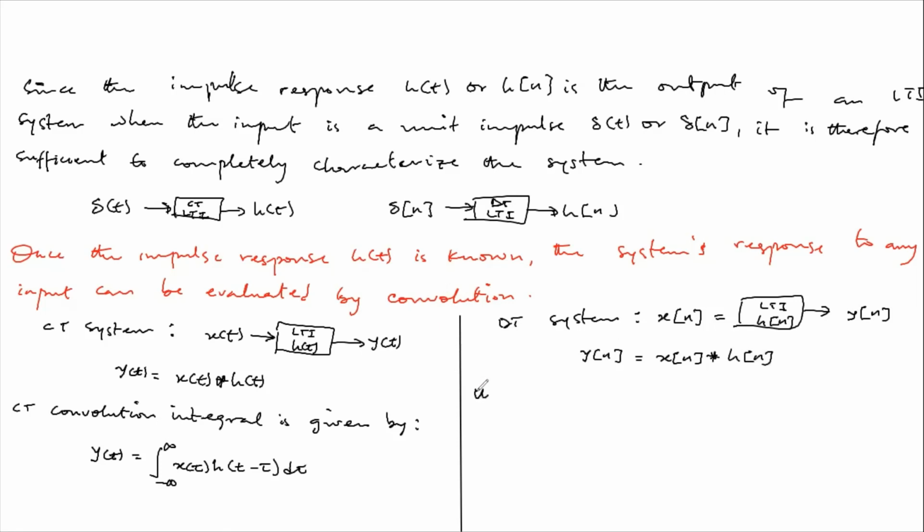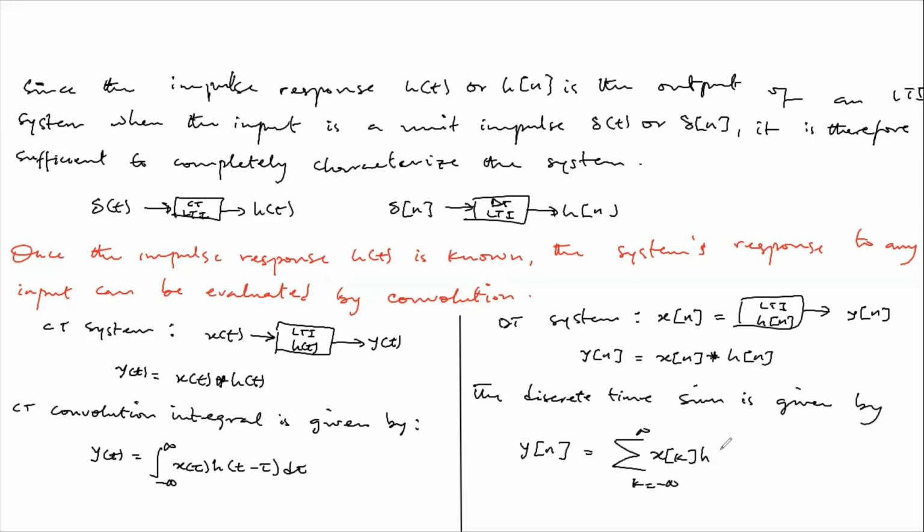Then the discrete time sum is given by y of n the same as the sum, taking on values from negative infinity to infinity, of s of k h of n minus k.